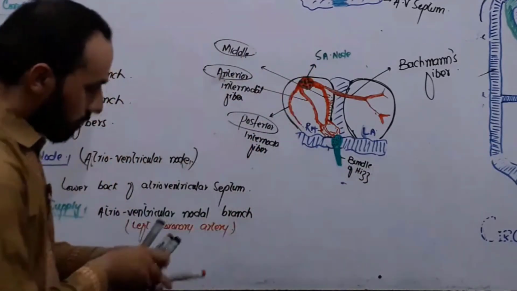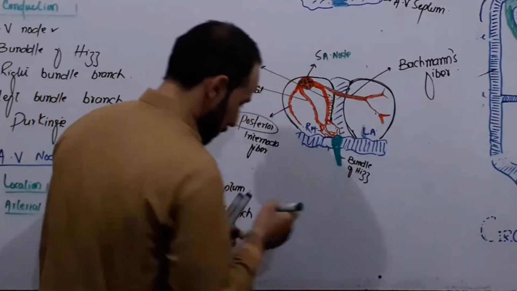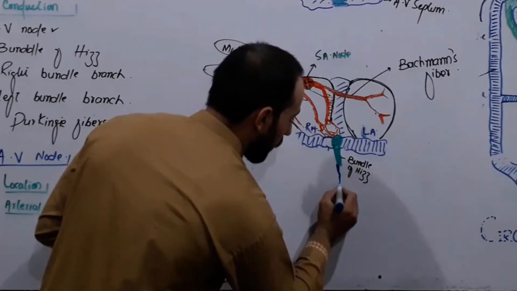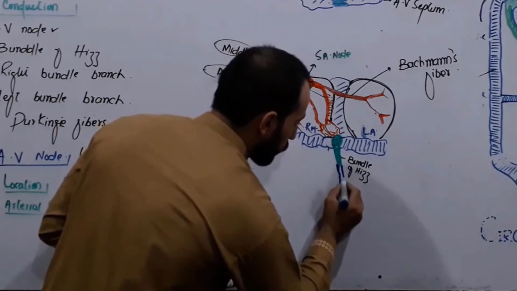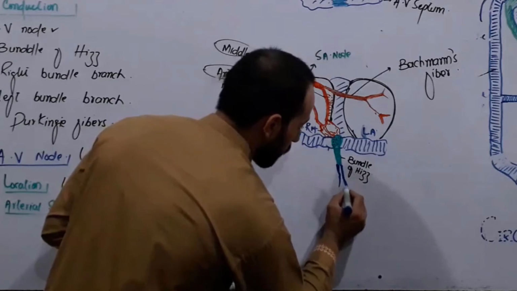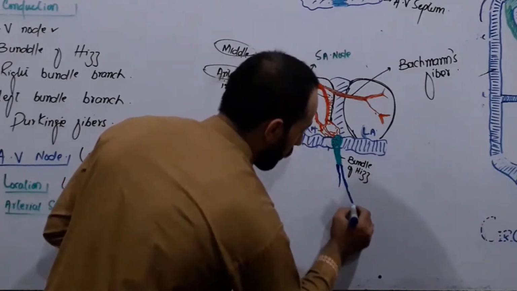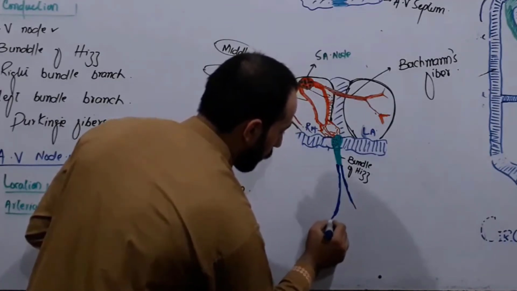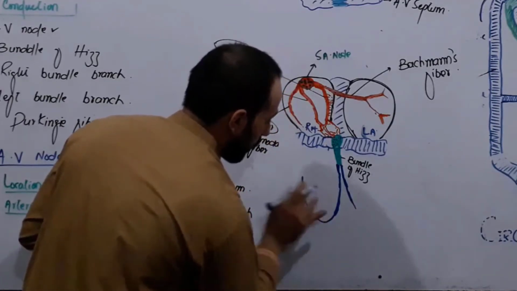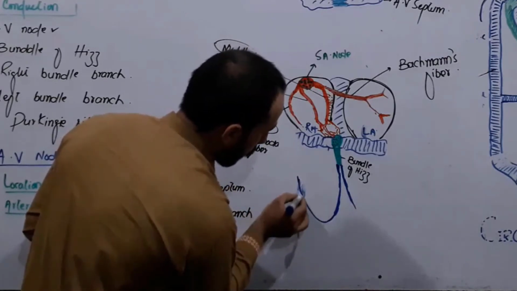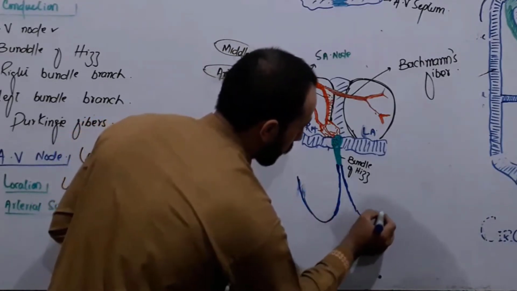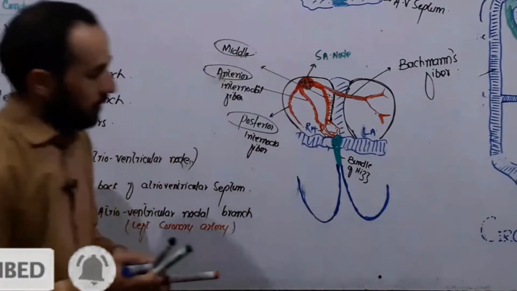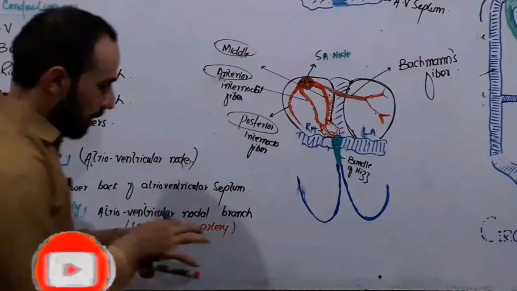Clear, friends? Now look, when this bundle of His moves forward, it gives off two branches. One of these branches moves towards the right side of the heart and one moves towards the left side of the heart. That's why we say there is a left bundle branch and a right bundle branch.